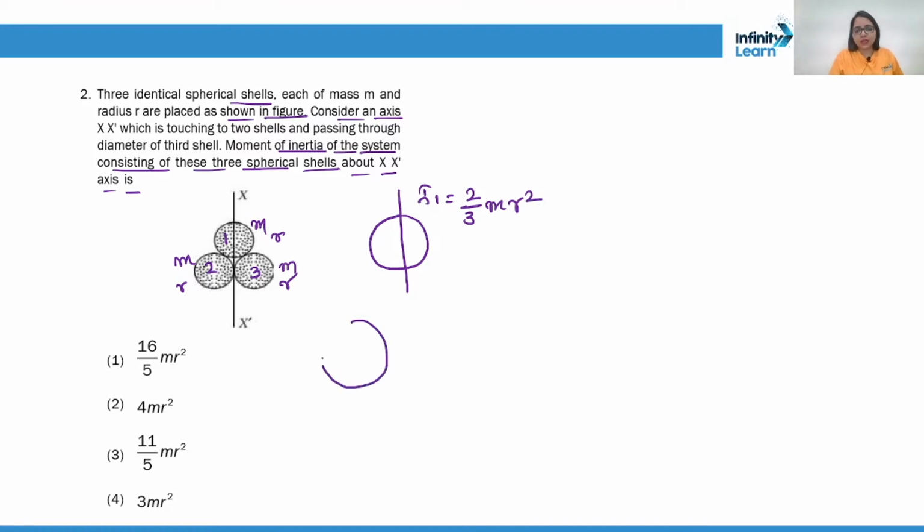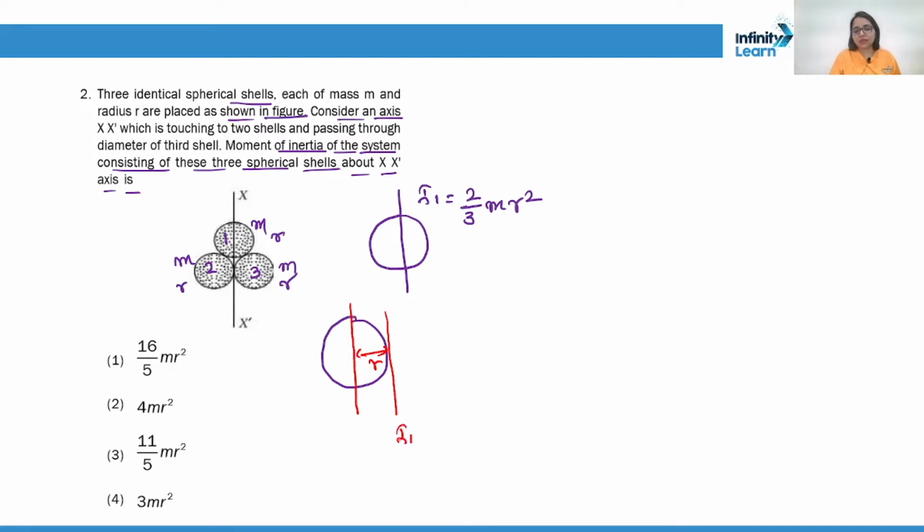For the second and third shell, the axis of rotation is passing through the tangent. So we need to find the moment of inertia about this axis. The separation is equal to r. So this is nothing but the application of the parallel axis theorem.